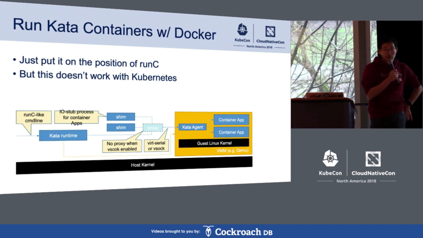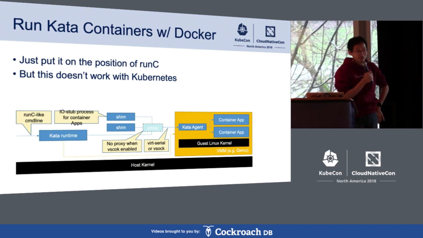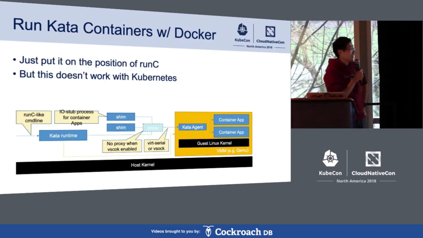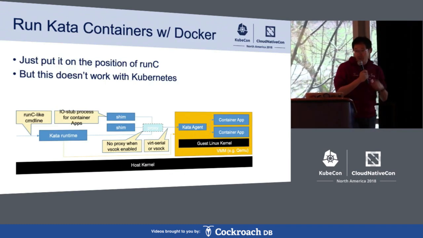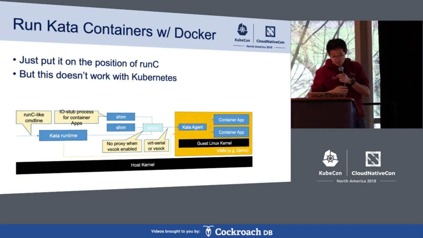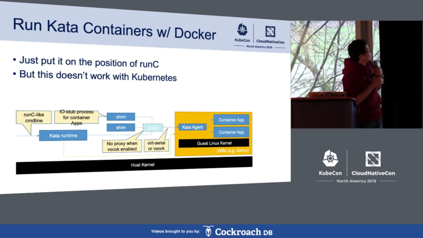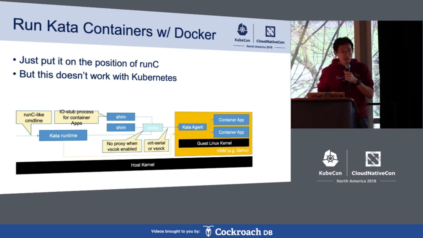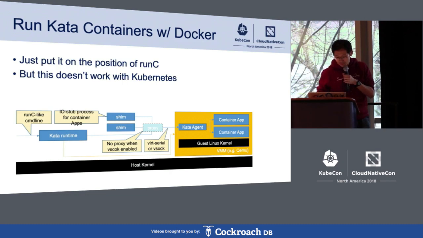It processes all the annotations, and it won't pass them to the runtimes. And there are some patches submitted to Moby, and they've been pending there for half a year. So from Docker, there's no direct way to support that if you don't apply some out-of-tree patches.